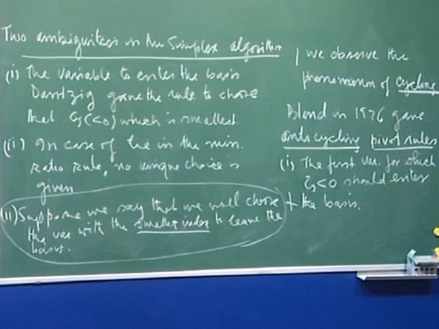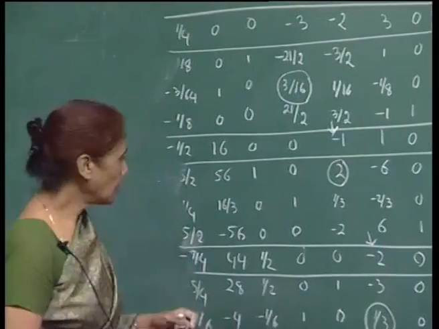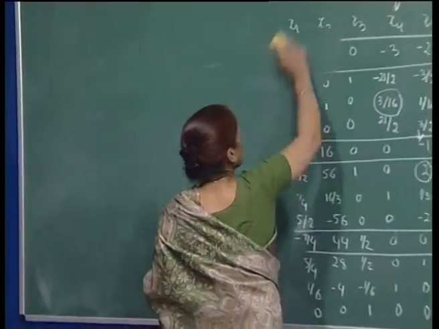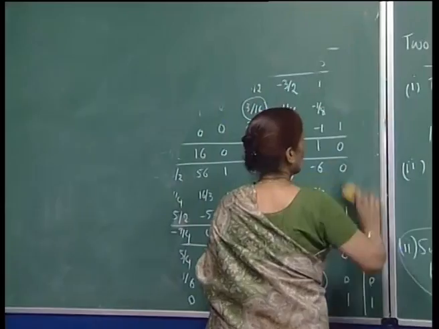That means our feasible set is non-empty. I started building up the theory based on the fact that our feasible set is non-empty, but now I will show you that we can do away with that assumption also.